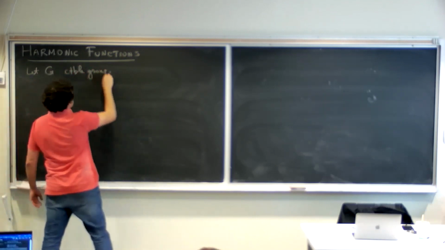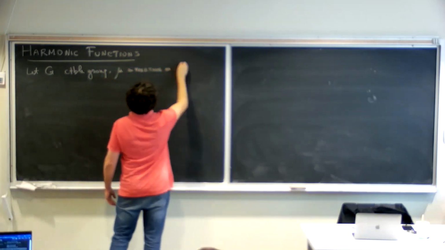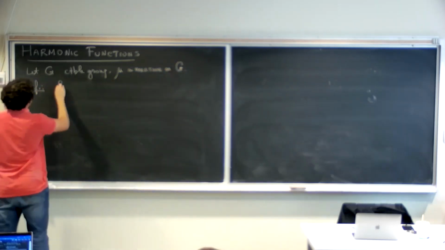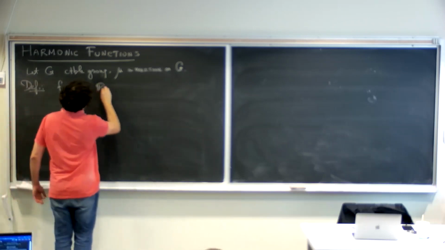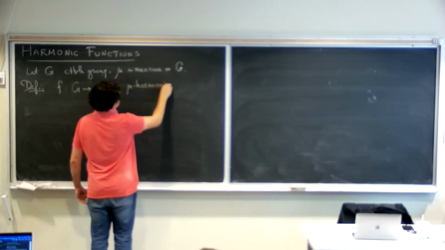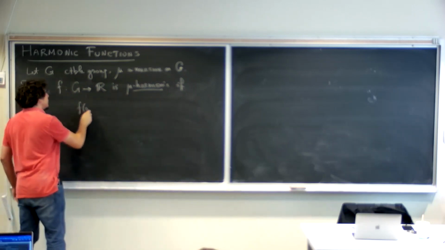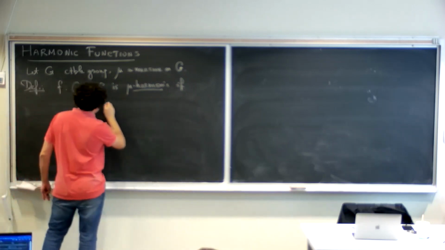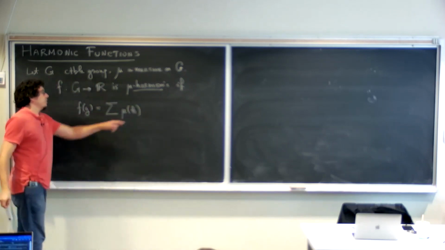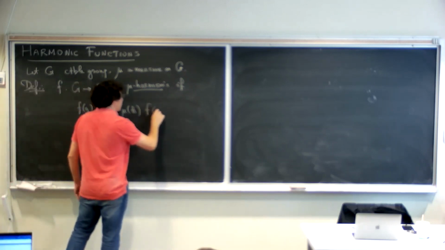From now on, mu is a probability measure on G. And we recall that f as a function from G to R is mu harmonic, is harmonic in this discrete sense, if f of g is the average, where the average is taken with respect to this measure mu, of the function computed at gh.